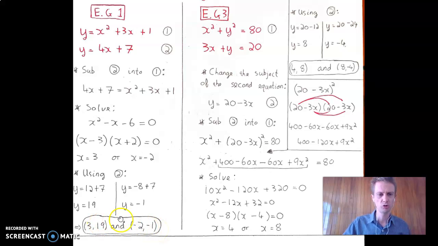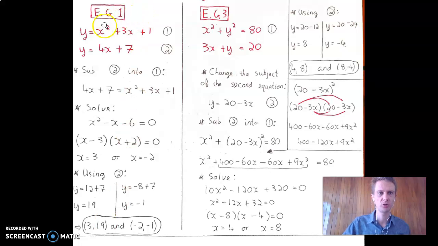I would strongly recommend you just check that these coordinates work in the first equation as well, because you might have made a tiny mistake and then you could end up wasting quite a lot of your time. So if x is 3, let's have a look. 3 squared is 9, 3x is 9, 9 plus 9 is 18, plus 1 is 19.